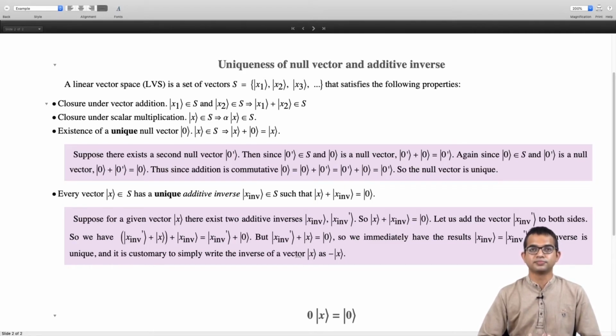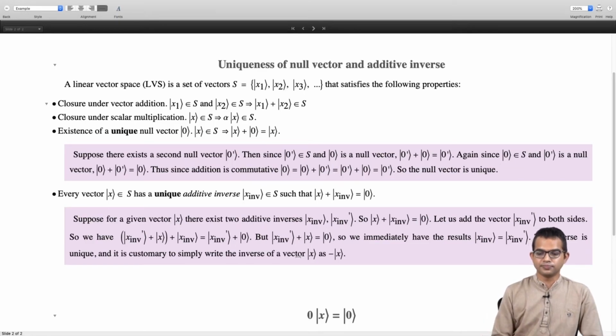If you take a vector and multiply it with the scalar 0, you're going to annihilate any notion of direction with it. It's the same whether you multiply a vector pointing along the x-axis by 0, or a vector pointing along a direction 45 degrees to the x-axis with 0, you're going to just get a 0.